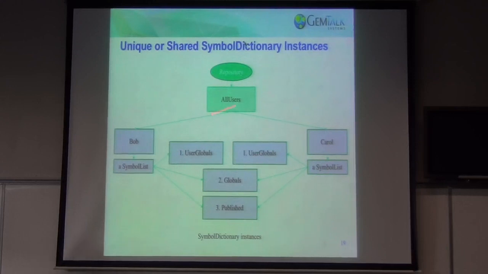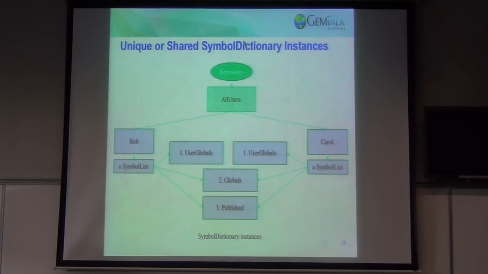So here, let's say we have 2 users, Bob and Carol. Bob has a symbol list, and the first entry in Bob's symbol list is something we call user globals, where Bob would keep individual, local, user-related data. Then Bob's symbol list continues. The second entry is something called globals.